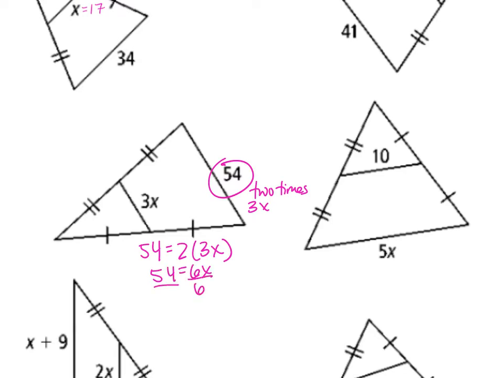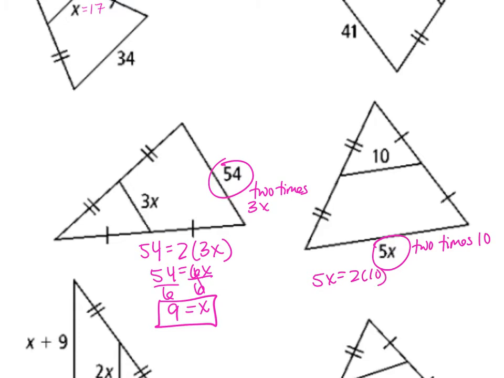And then we just solve for x. So x equals 9. The same thing is true of the next example. 5x is 2 times 10. So 5x equals 2 times 10, which is 20. Divide both sides by 5, so x equals 4.